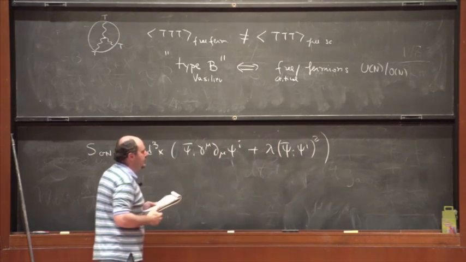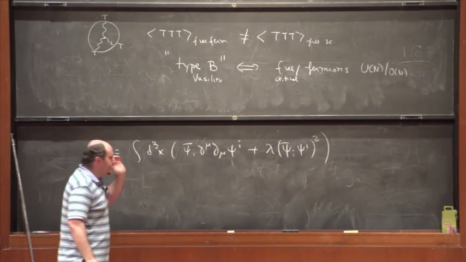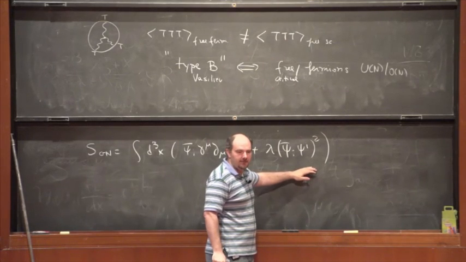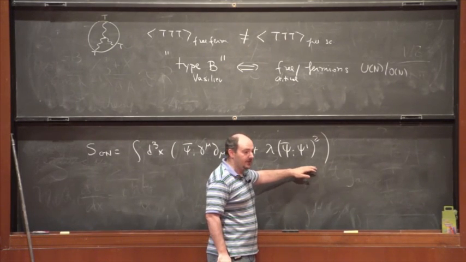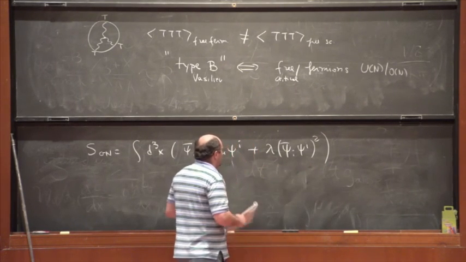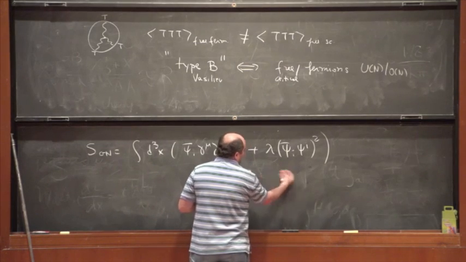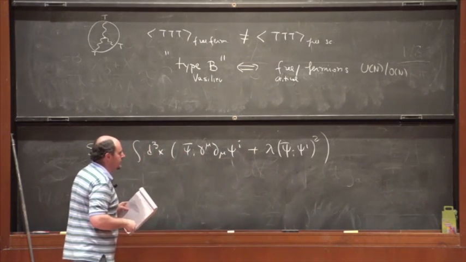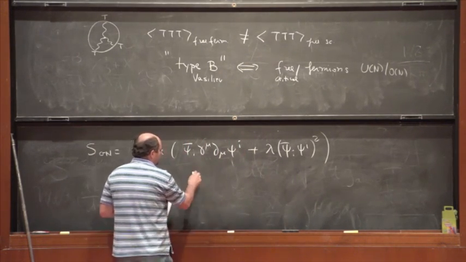Then, unlike the case of the scalar that we discussed yesterday, this quartic interaction is irrelevant in dimensions between 2 and 4. But if you analyze this theory in the large N expansion, you see that there is a UV fixed point.